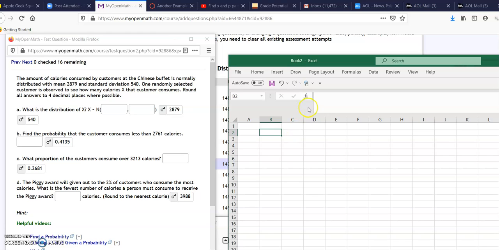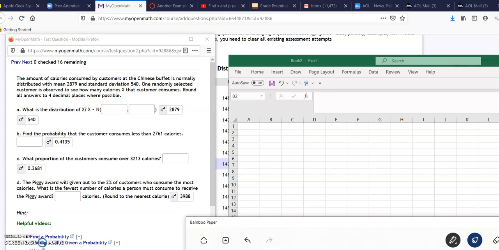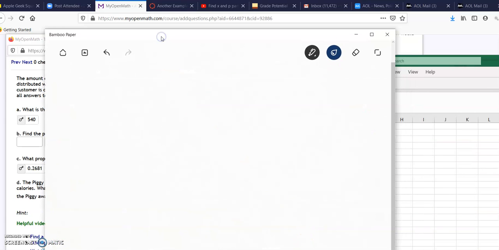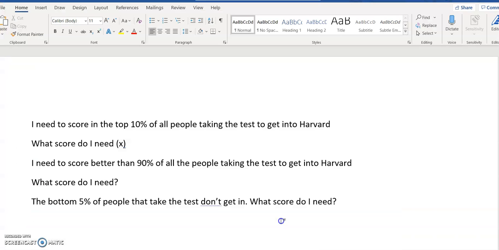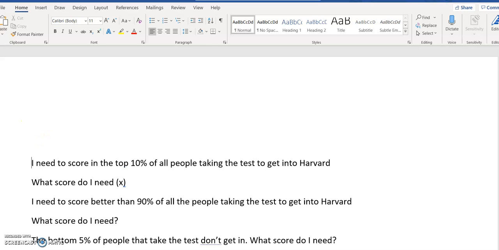Okay, so the two key formulas I'm going to use, I did it for class earlier. When given x value, find the probability, use norm.dist in Excel.